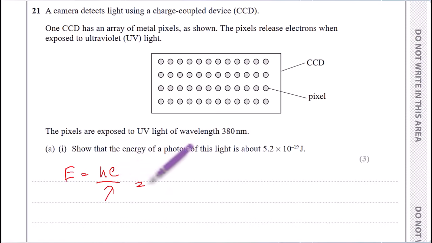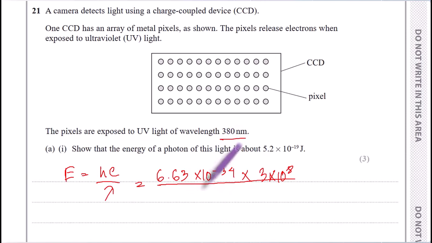The value of Planck's constant is 6.63 times 10 to the power minus 34 times c, the speed of light, 3 times 10 to the power 8 divided by lambda, 380 nanometer, which has to be converted to meter, times 10 to the power minus 9, which gives you 5.23 times 10 to the power minus 19 joule.